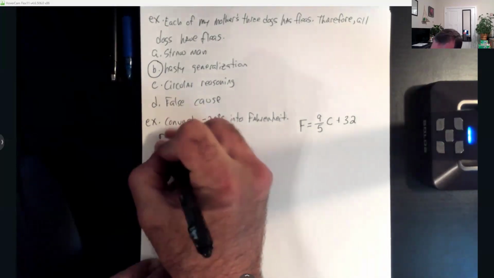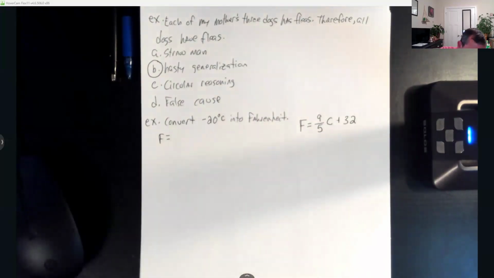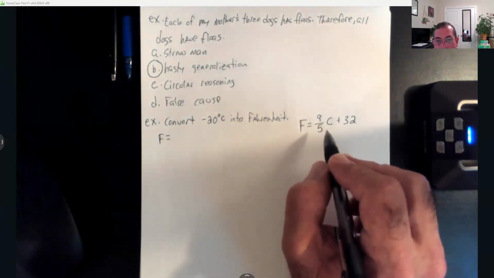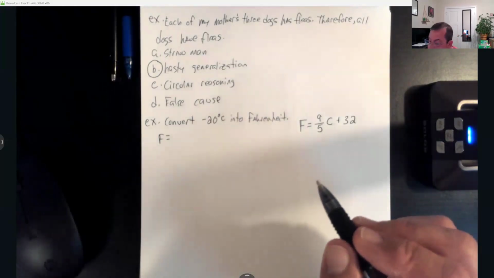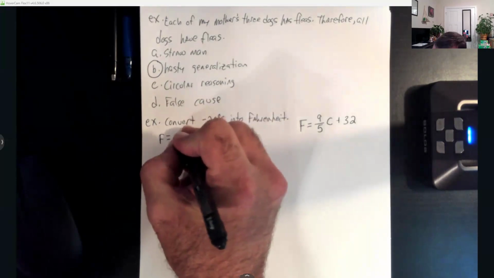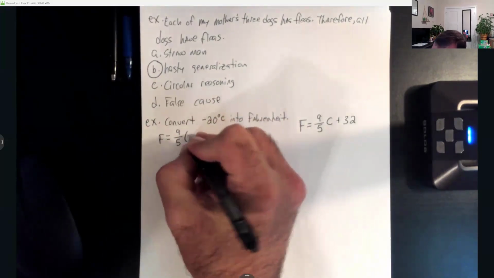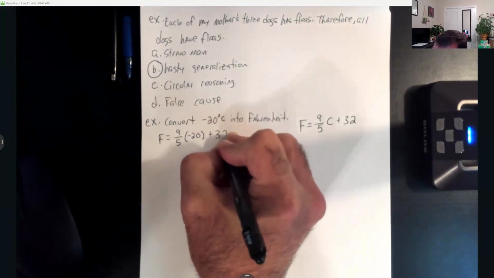Now, if you don't want to use 9/5, you can use 1.8 if you want to do decimal stuff, okay? So I would put in my 9/5 times my Celsius, which is -20, and then plus my 32.